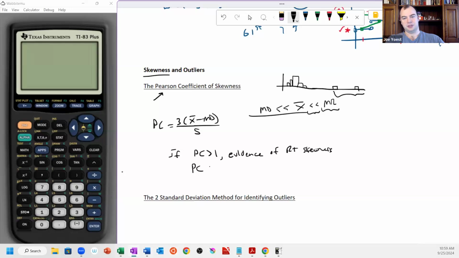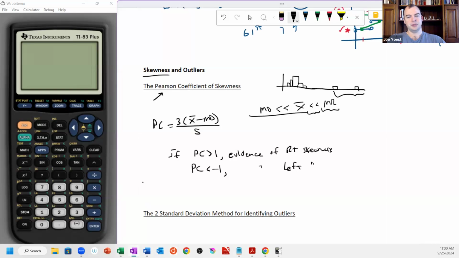If the Pearson coefficient is less than -1, in other words, if the mean is a lot smaller than the median, that's evidence of left skewedness. And otherwise, if the Pearson coefficient is between -1 and 1, probably the best way to say this is that that represents a lack of evidence of skewedness.